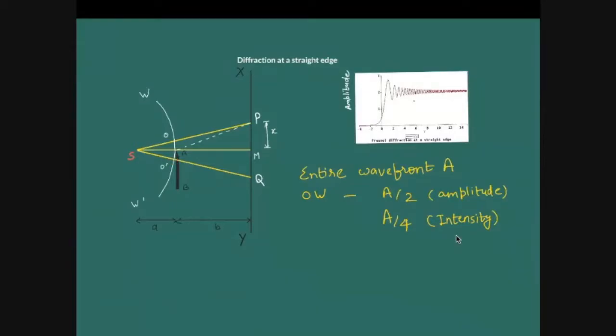Now, if we try and go anything below M, in that case what will happen? Your wavefronts will start to cut off. That means, let us first talk about a point P. At point P, how you are going to get the intensity in this region between P and M will be decided by the number of zones which are coming in the region O to A.